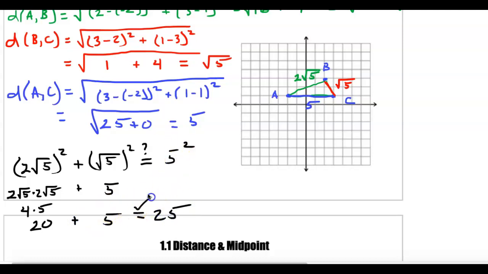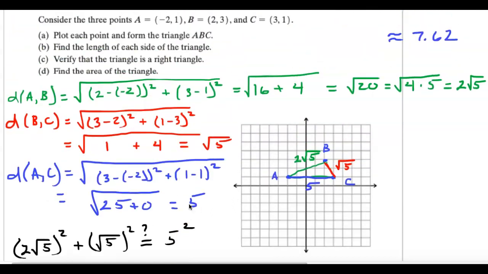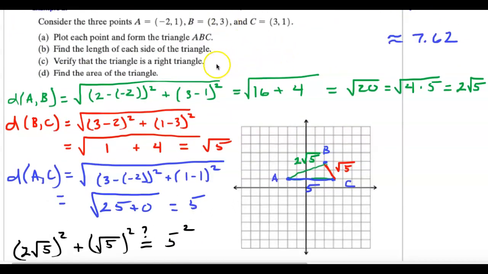So I think we have shown that that does indeed work. So it is a right triangle. So we can come up here and say, yes, it is a right triangle.